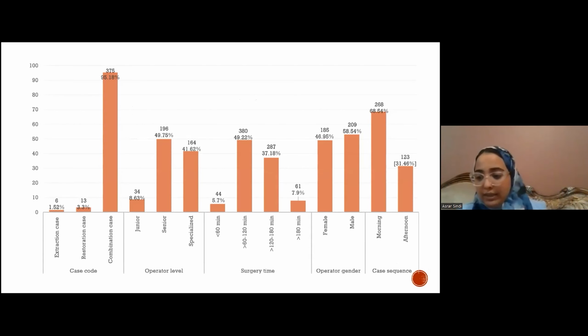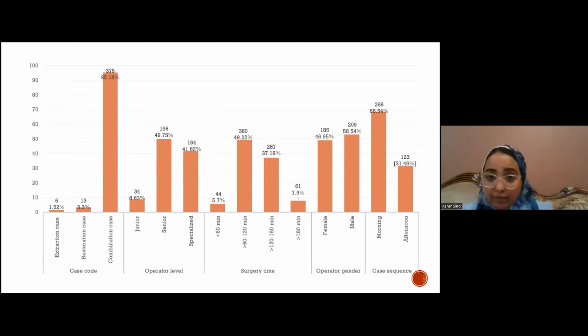After that, we divide our cases into 3 groups: extraction cases, restorative cases, and combination cases. Most of the cases were combined cases at 95.18%, and most of the operators were senior level at 49.75%.